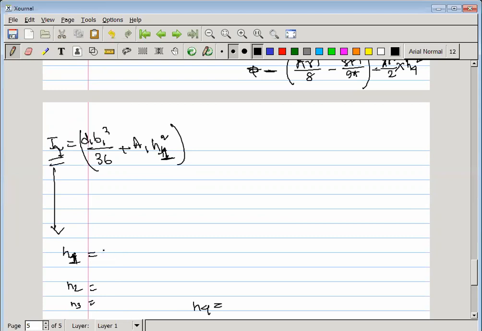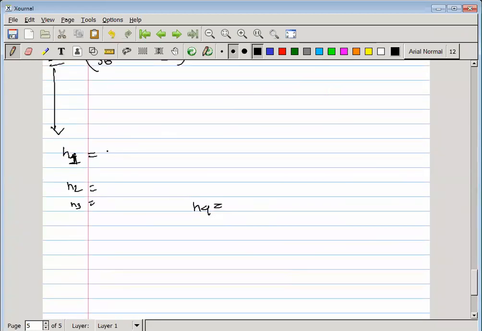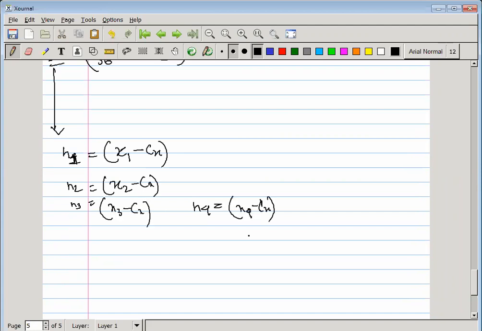Here you calculate y1 minus cy, but for Iy you have to write x1 minus cx, x2 minus cx, x3 minus cx, x4 minus cx.